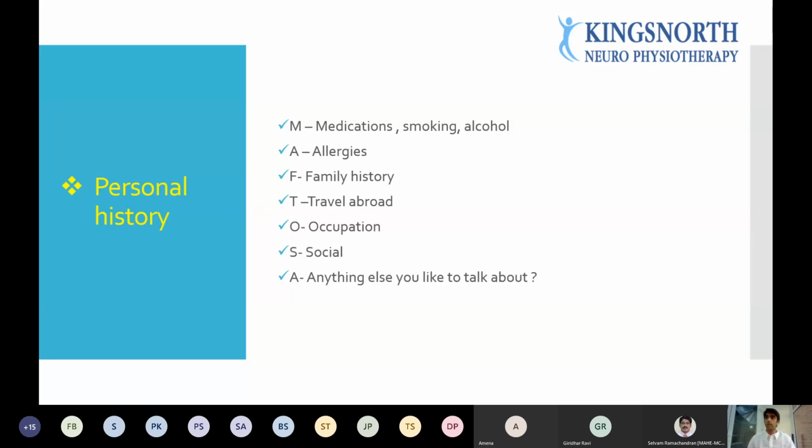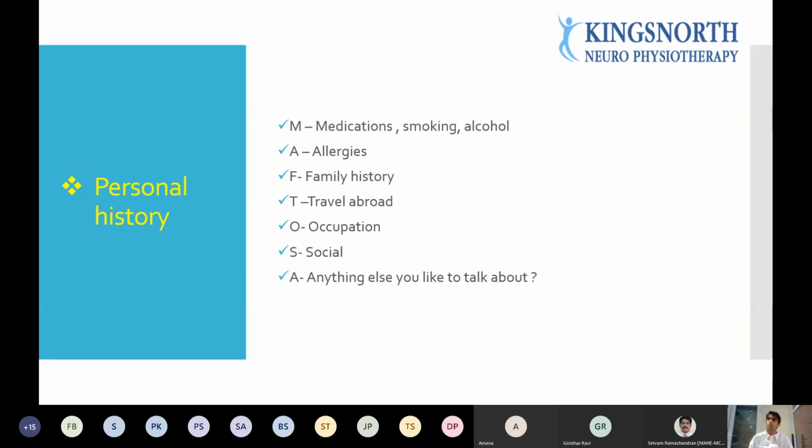So maybe his dizziness, maybe he might have had an accident recently. So I might go into those details. It may be possible that he didn't want to talk about it, because psychologically he didn't want to discuss it. But there may be an underlying head injury, which I didn't really discuss.